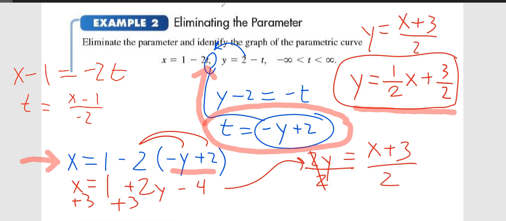And then could we have substituted that into the other equation? Y equals, a feasible option. Sure, 2 minus (x minus 1) over -2. We just have to know how to do the algebra to make everything work, right? Yes. So, there's nothing wrong with it. I mean, I'm eventually going to end up with that right there. Naturally.